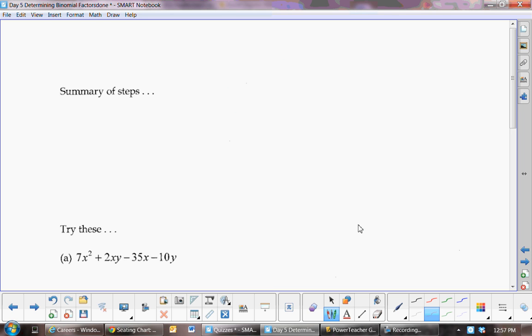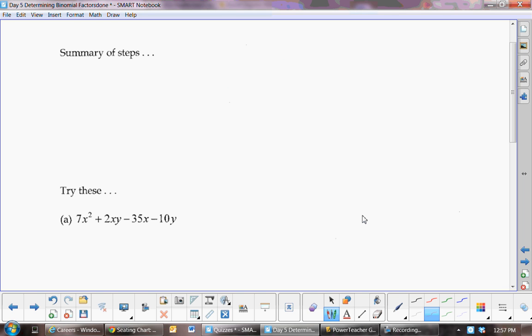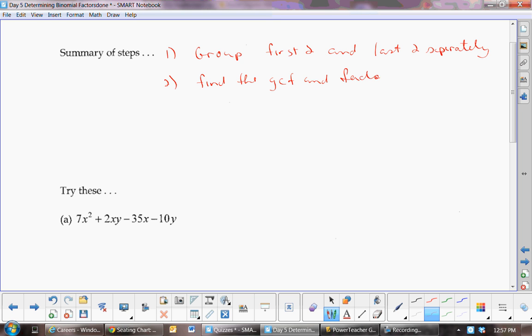Okay. So, a summary of the steps of how to do these. First of all, group the first two and last two separately. Step 2 is find the GCF and factor it out.